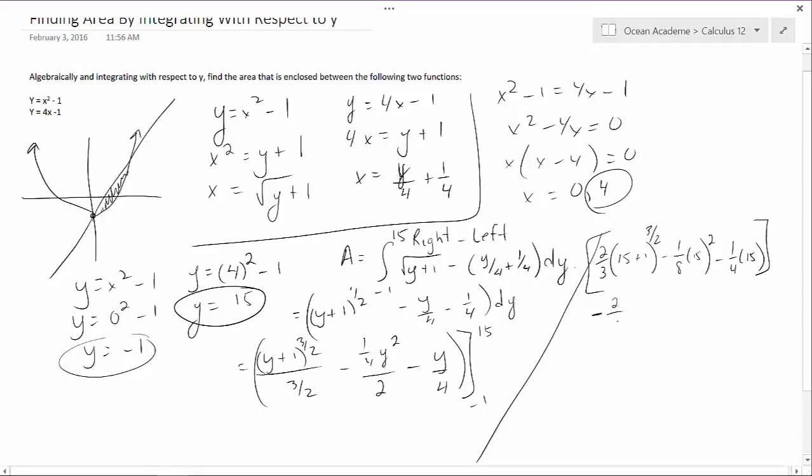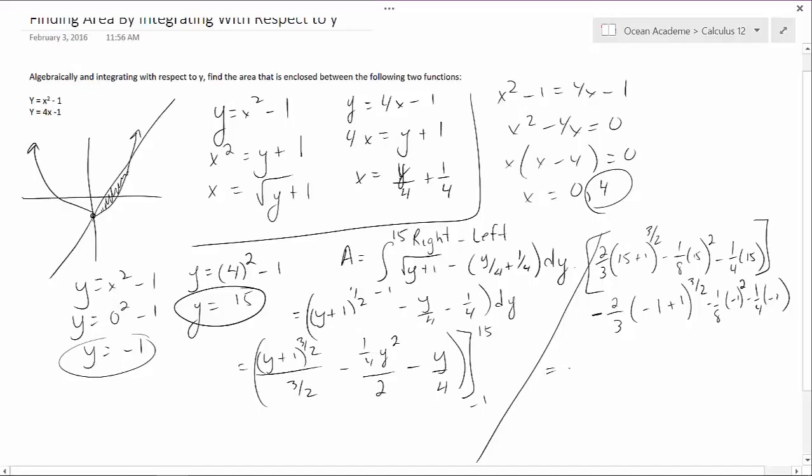So again, it's going to be 2/3, and this time it's minus 1 plus 1 to the 3/2, minus 1/8 times minus 1 squared, minus 1/4 times minus 1.